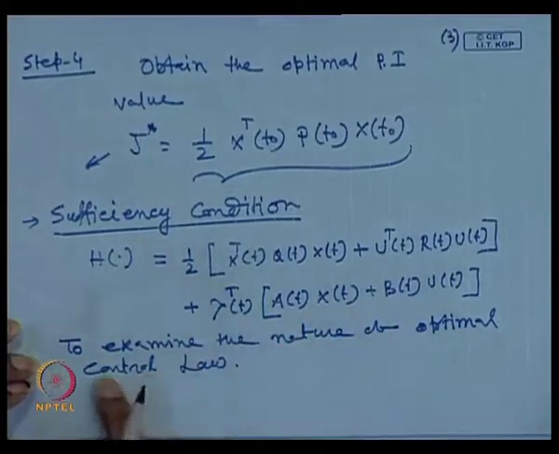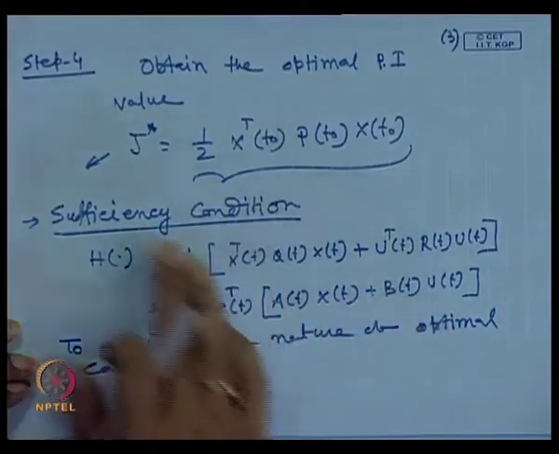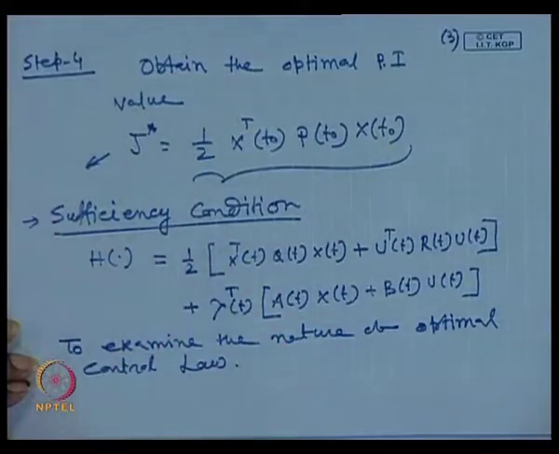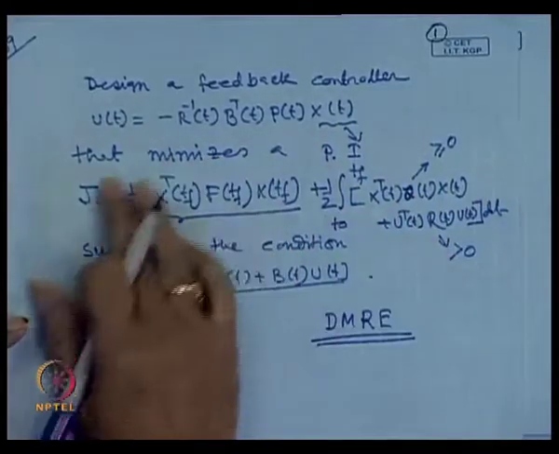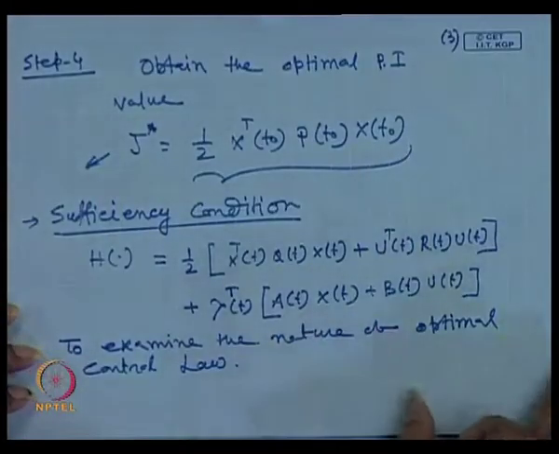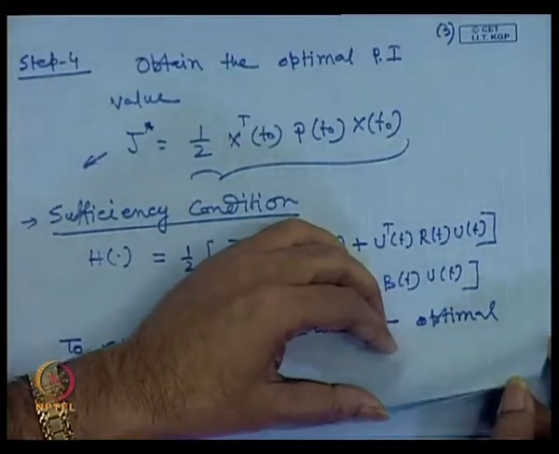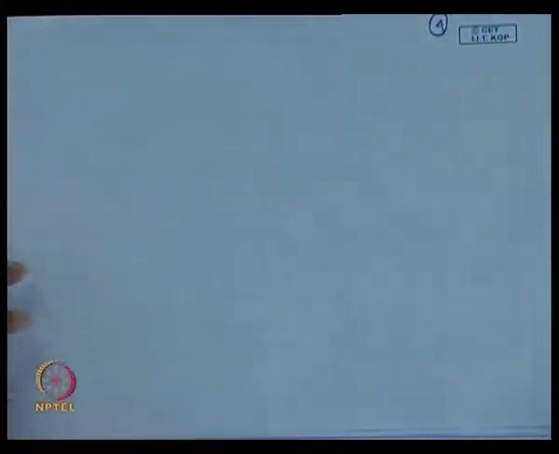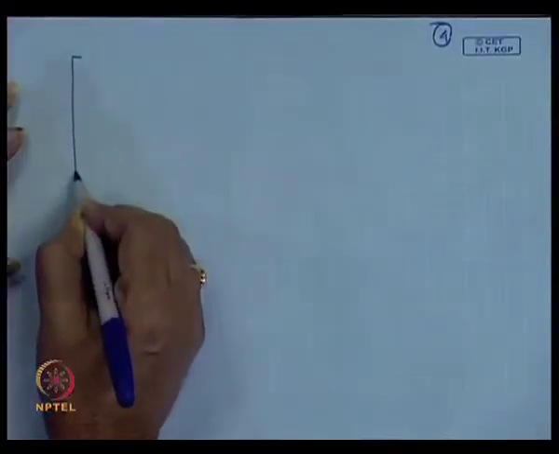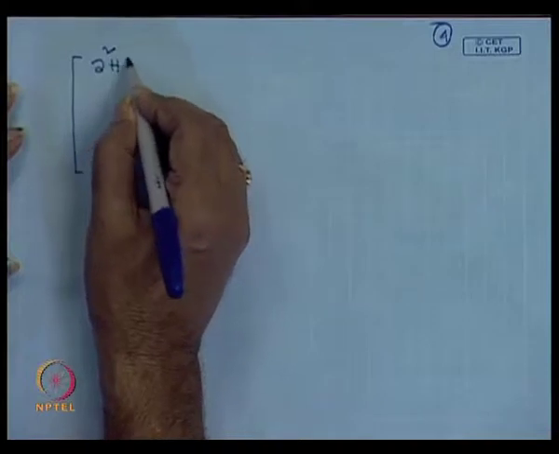To examine the nature of the optimal control law means, whatever control law we obtain, whether the performance index we have considered earlier is minimized or maximized. To know that, we have to check the sufficiency condition. So, what is that condition? Without deriving in detail, because we have already derived it earlier in some situations, we have to form this matrix H.